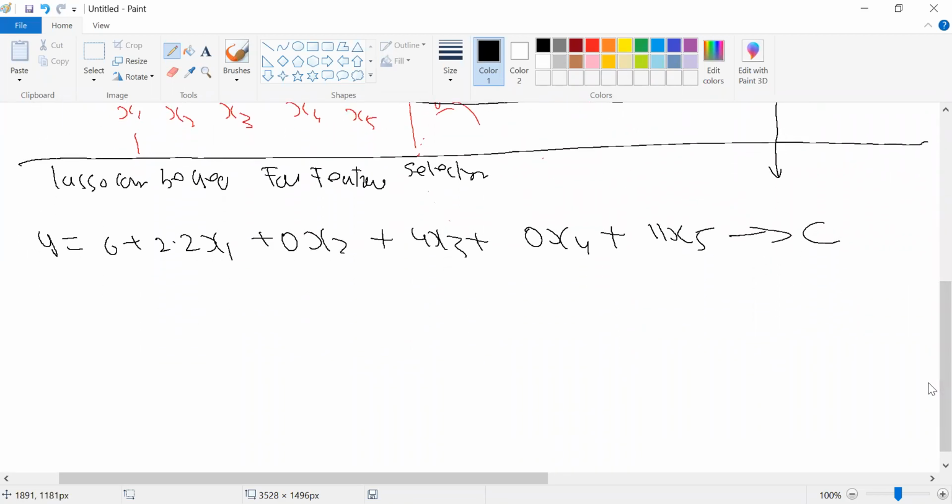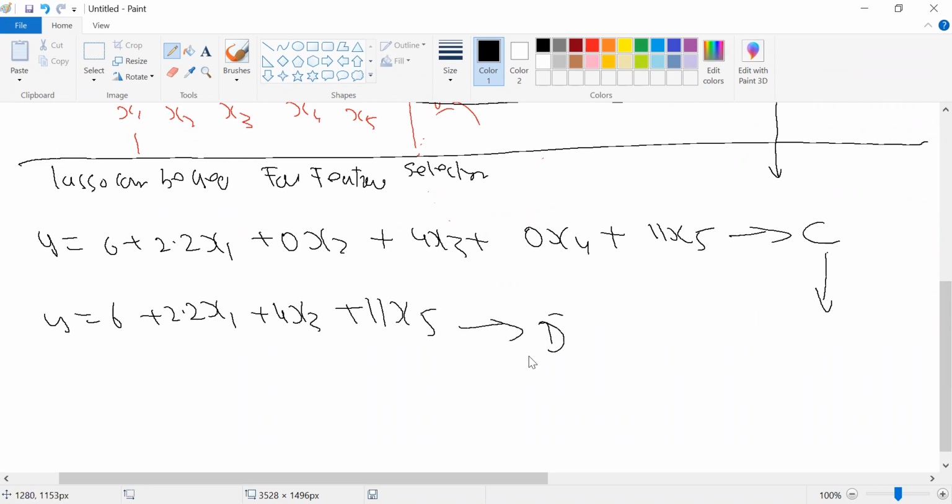Did everyone understand his answer? Understood? See, can we write equation C like this: y is equal to x plus 2.2 x1 plus 4 x3 plus 11 x5. So will people agree that equation C and D are the same?